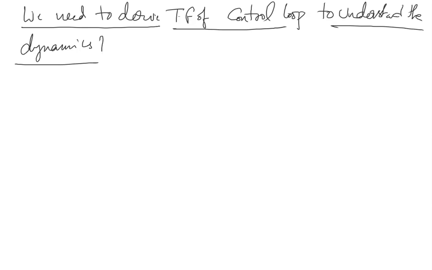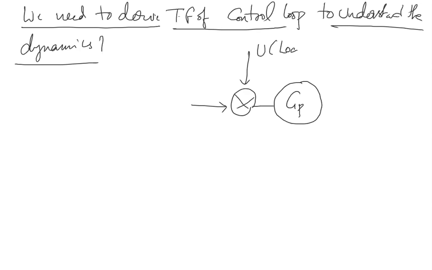So now if I write it on a control diagram, how does it look? The CSTR will have some transfer function, which is GP, the process transfer function. This is what we call the load.